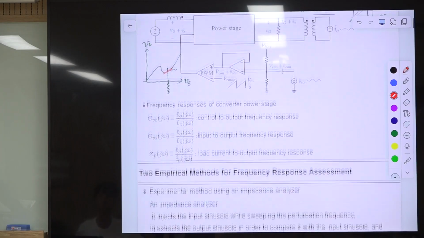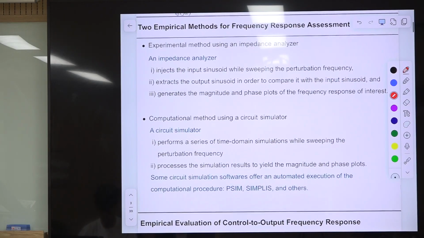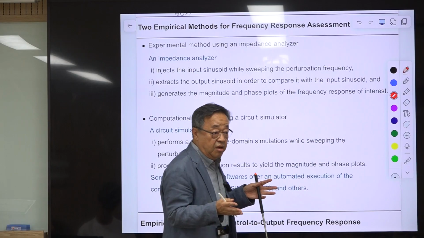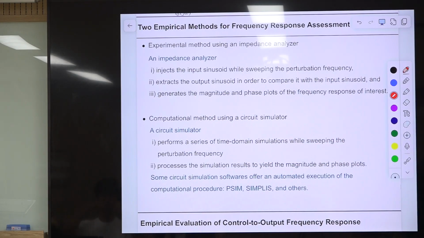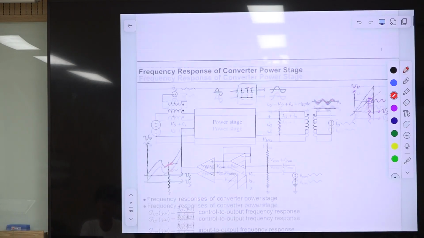And basically there are two approaches. One is the empirical approach, and another one is the analytical approach. Okay, so we discussed the empirical approach first, but our main interest lies in the analytical approach. That is related to the title of this lecture.